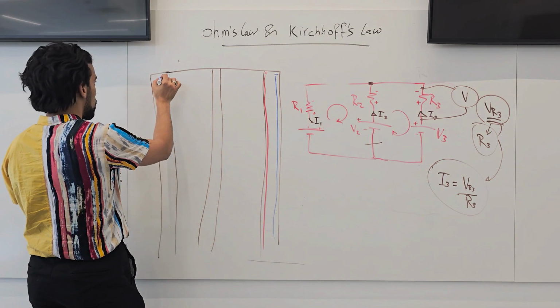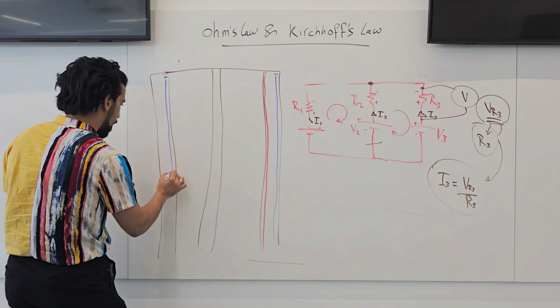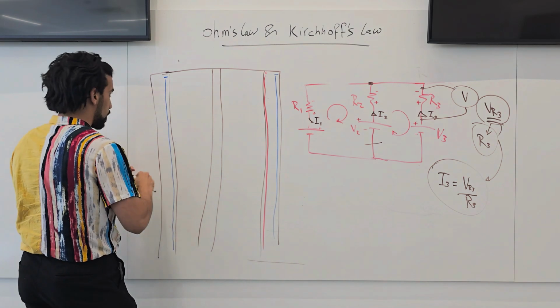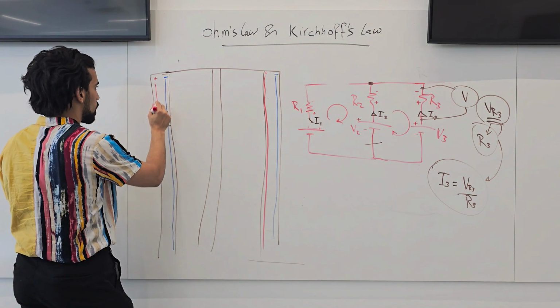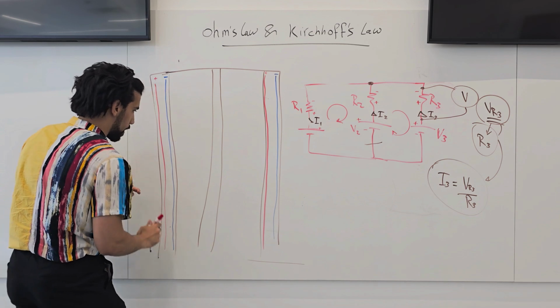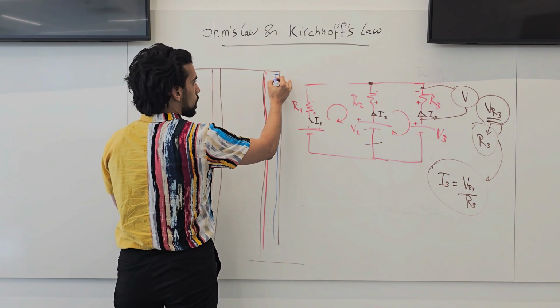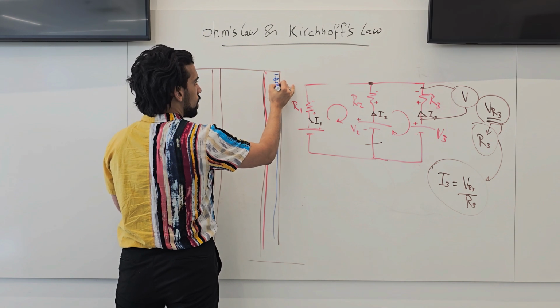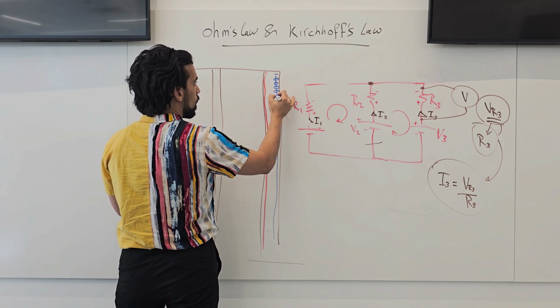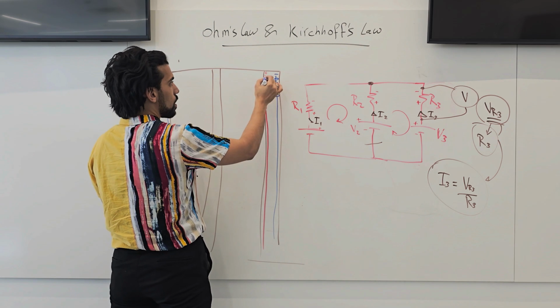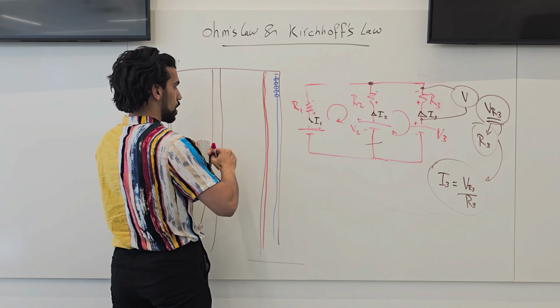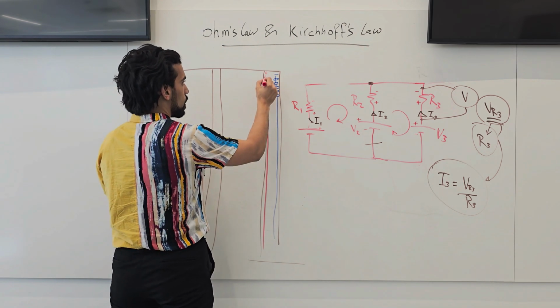Same here. So basically, we will find many holes here, and so on. And we are going to have here also some holes.